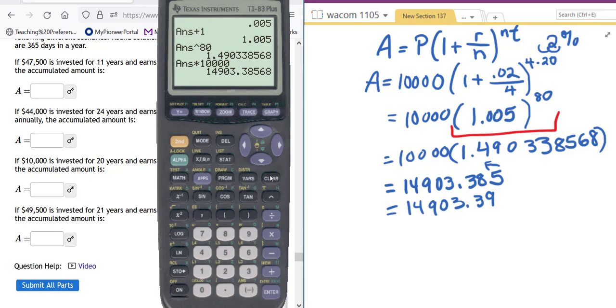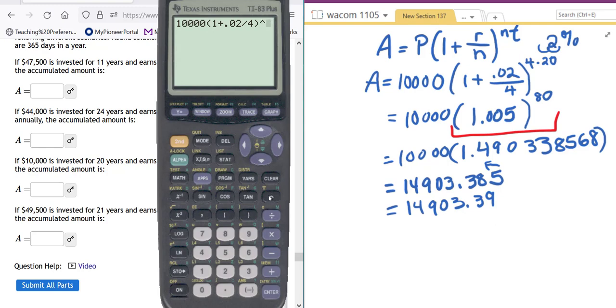All right, let's try it strictly on the calculator from the beginning. So I could just type it all in if I'm careful. 10,000, parentheses 1 plus 0.02 divided by 4. Close the parentheses.